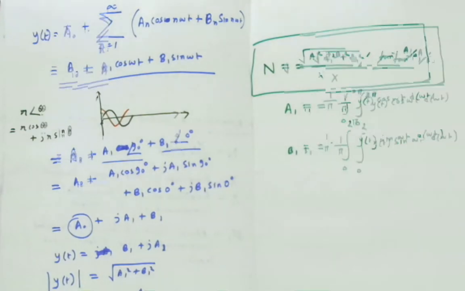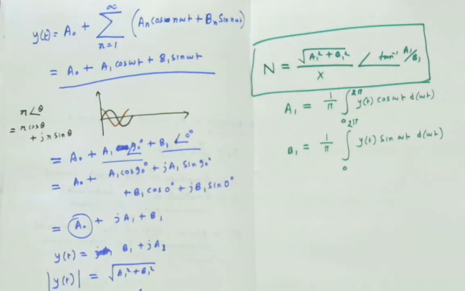If you are able to find out the value of a1 and b1, you can find out the square root of a1 square plus b1 square, and you already have X. So the ratio is very easy to find out. And if you have a1 and b1, you can also find out the tan inverse of a1 by b1.